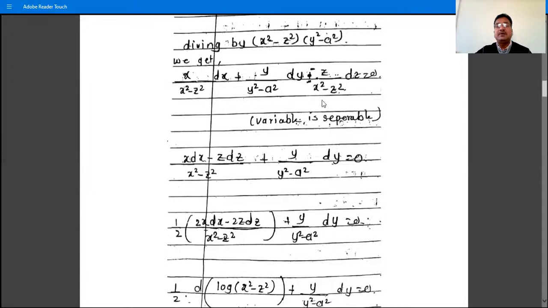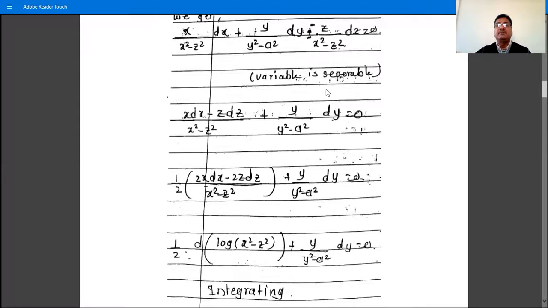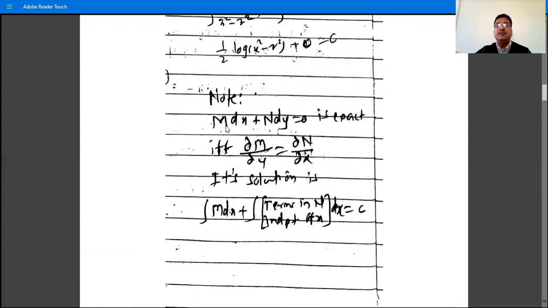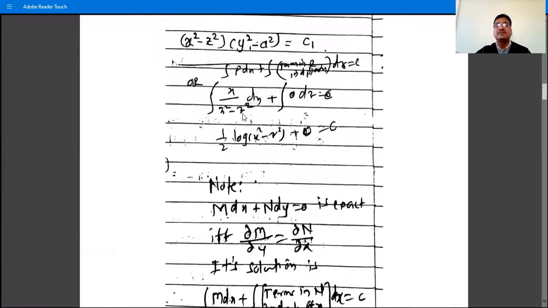After simplifying, this is Q, minus z by x square minus z square dz, which is again a function of x and z. So if you convert this into the form m dx plus n dz, or P dx plus R dz equal to 0, then what is its solution?